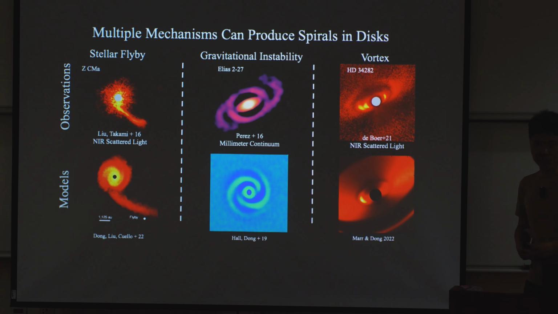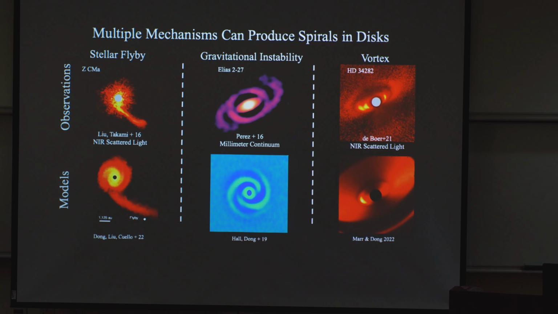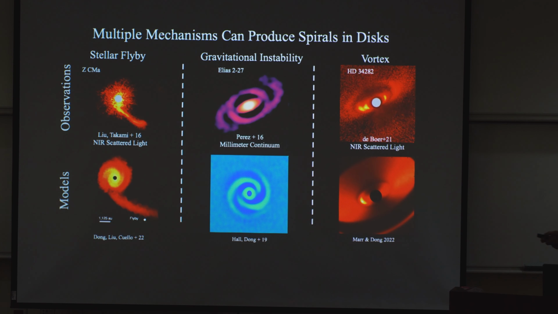As it turns out, in star-forming regions, occasionally 2 stars not bound to each other can just pass by each other at close distance. And when that happens, the flyby object can perturb the disk around the primary star and drive those 1-arm spirals, very similar to this. So this is a kind of dynamical perturbation similar to a planet, but the object is not bound.